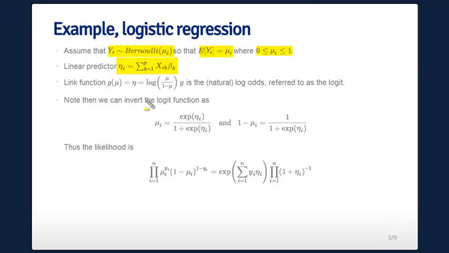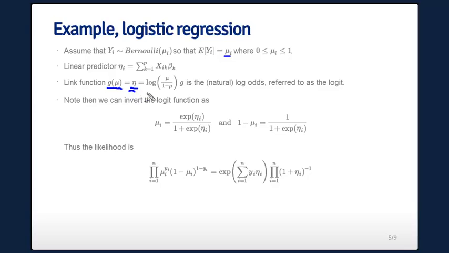So linear predictor meaning it looks just like the regression model, though the response isn't plus error. So this function here, g of mu, is the function that links the mean of the y's, mu, to the linear predictor eta.